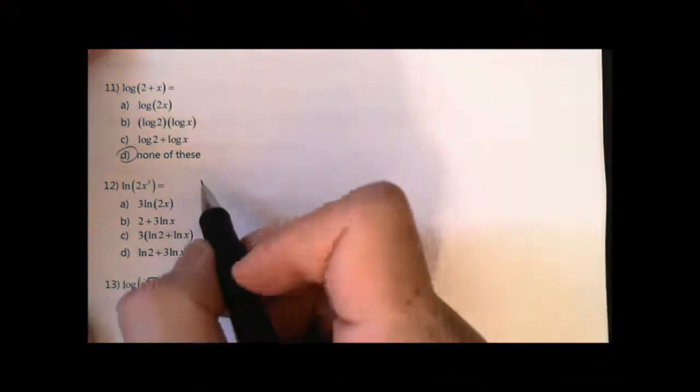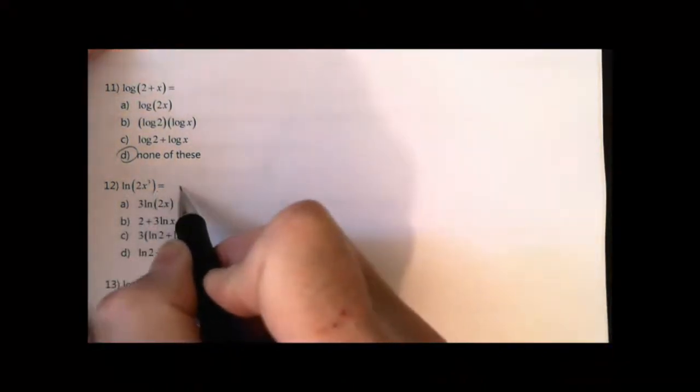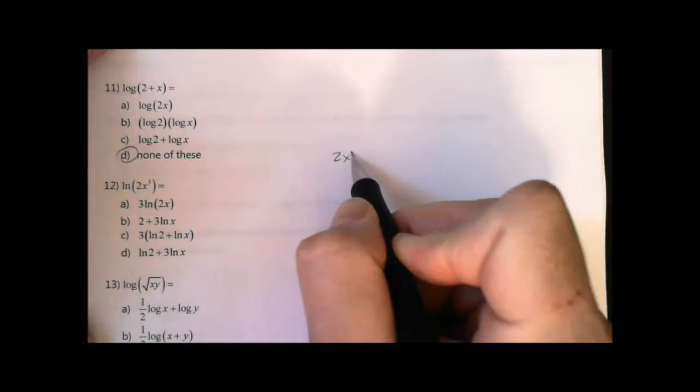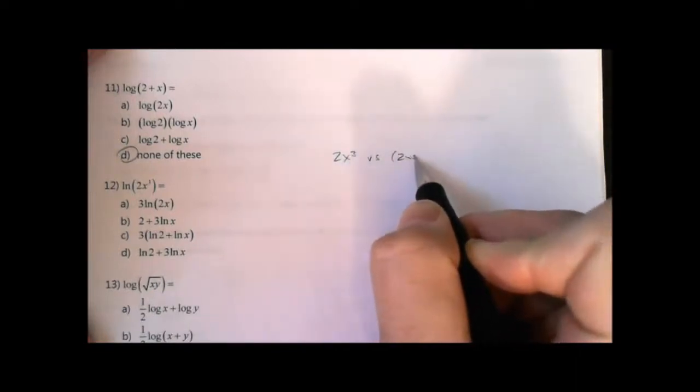And again, you can use that to verify that the correct answer in 11D is also none of these. Now, number 12, we have the natural log of 2 times x cubed. And remember, 2x cubed versus 2x cubed, these are different.